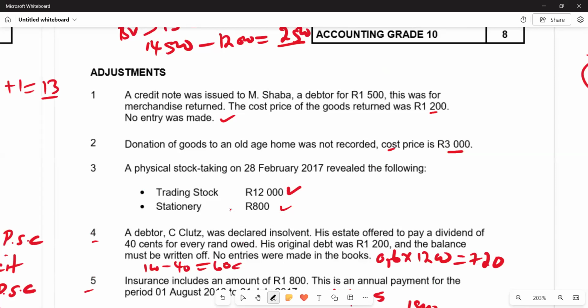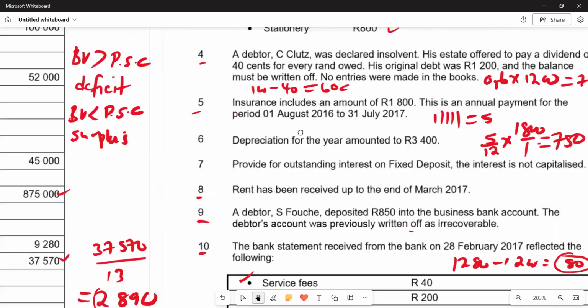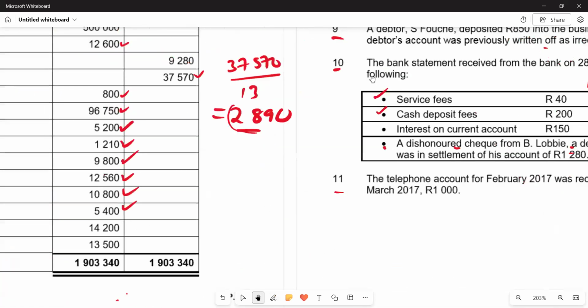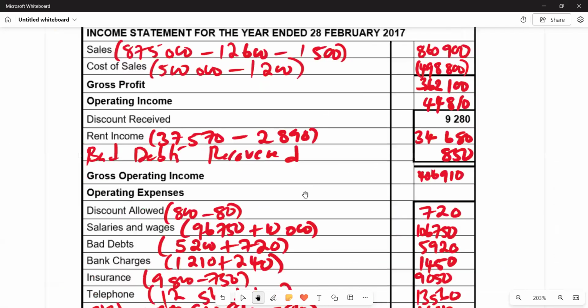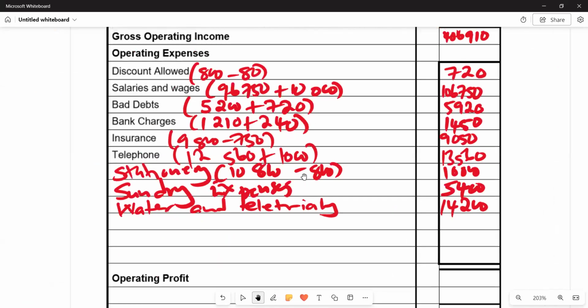Cost price is 3,000. So this is going to be the expense. It's a donation, and a donation we regard as an expense. We've got 3,000. So we are saying donation. And we have 3,000.